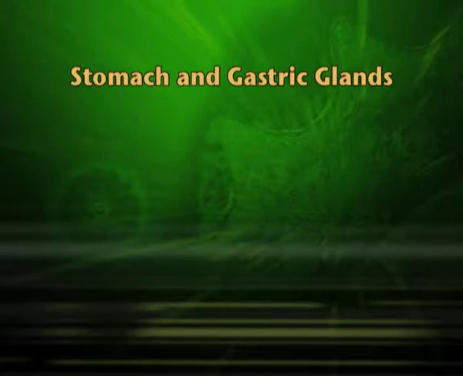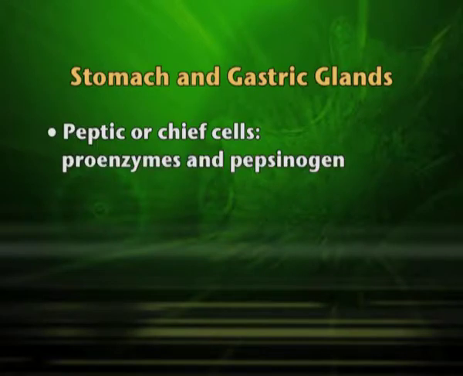In the stomach, you have peptic cells, also known as chief cells. These cells secrete proenzyme. Proenzyme means some enzyme before the enzyme. The enzyme which is finally produced, a stage before that is the proenzyme, pepsinogen. These have a special role to play.